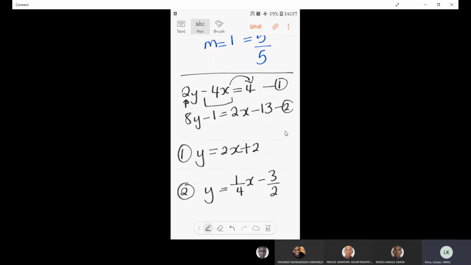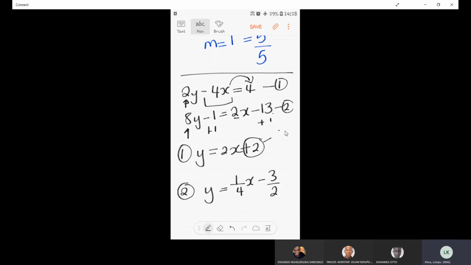So what did I do? I add 1 on both sides. You get negative 12, and then you divide by 8. So you have 2 divided by 8, which is 1 over 4, and then 12 divided by 8, which is negative 3 over 2.